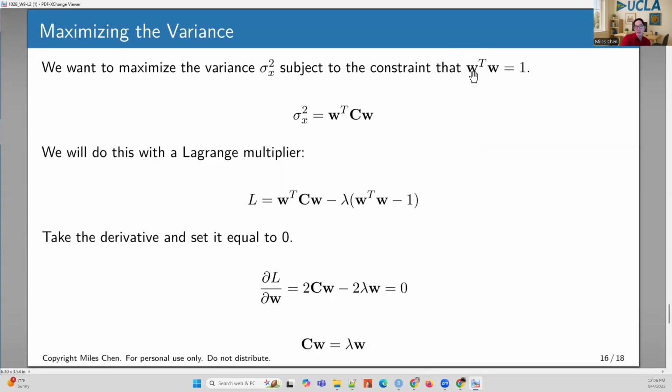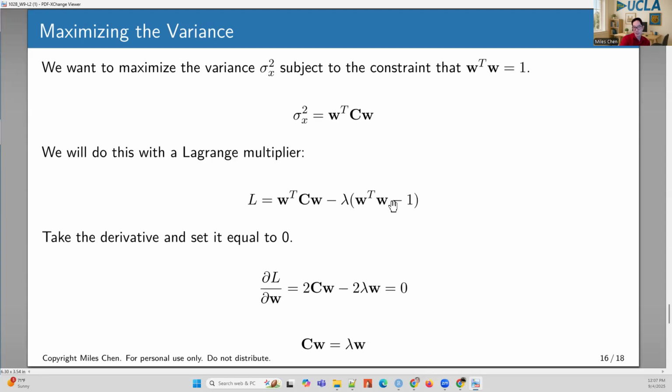Anytime you want to maximize something subject to a constraint, one of the techniques you can use is a Lagrange multiplier. So we say L is equal to the thing we want to maximize, w transpose C w, minus lambda times w transpose w minus 1.